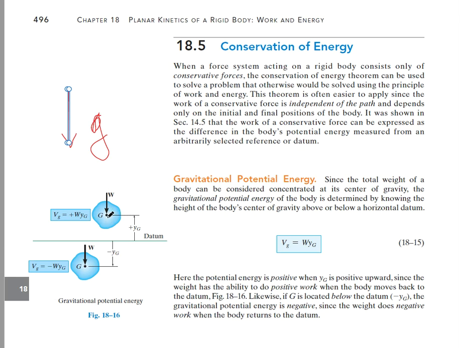We're looking at the elevation of the center of mass of a body relative to a fixed horizontal line, the datum. And the gravitational potential is weight, mass times acceleration due to gravity, times the elevation of the center of mass. Okay.